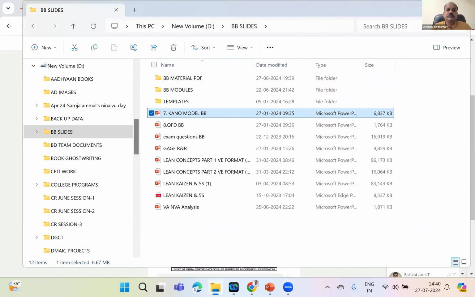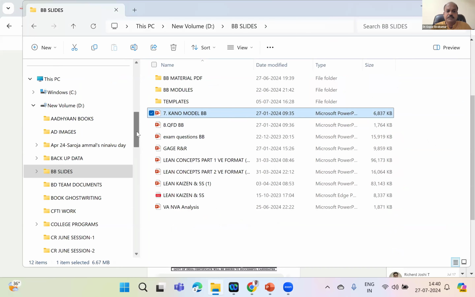So I will take you through my slides and now you will be able to understand the exact difference between process capability indices and process performance indices. So first, let me again take all of you through the capability indices.